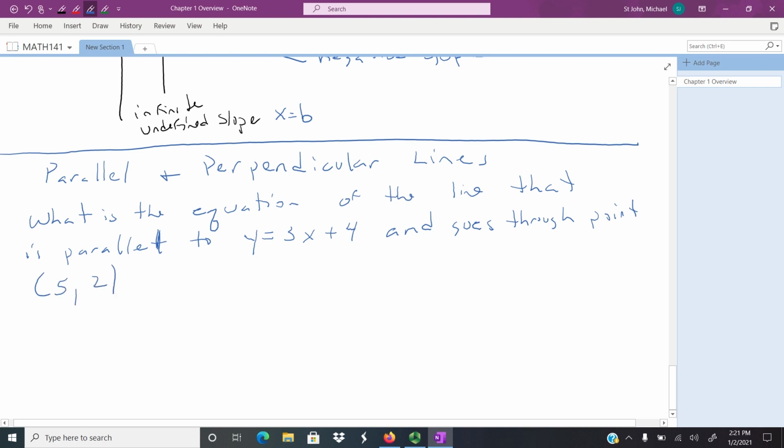Well, I look at my given equation, y equals 3x plus 4, and say, okay, the slope of that line is 3. So the slope of my parallel line also has to be 3.